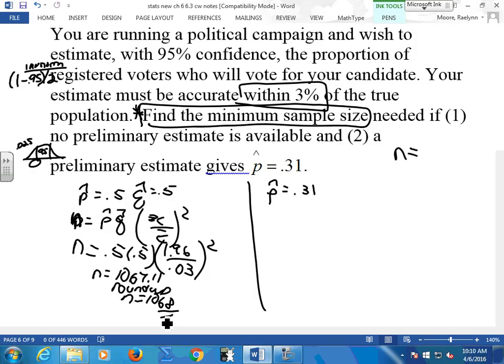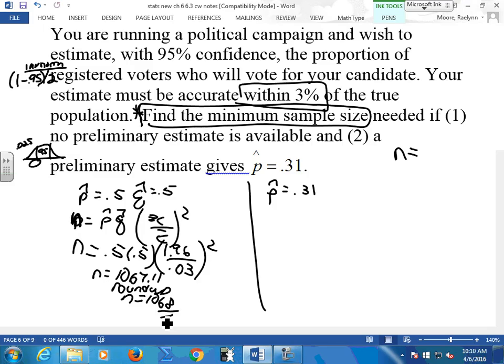What would you take when you make your inference of the population? Well, this is just finding your sample size. This only happens with your sample size. This doesn't happen with your regular z-score thing. We'll give you the percentage you have to use. It says something like within 3% of the true population. Right, because remember, whenever we found the sample size, we had to know your margin of error.